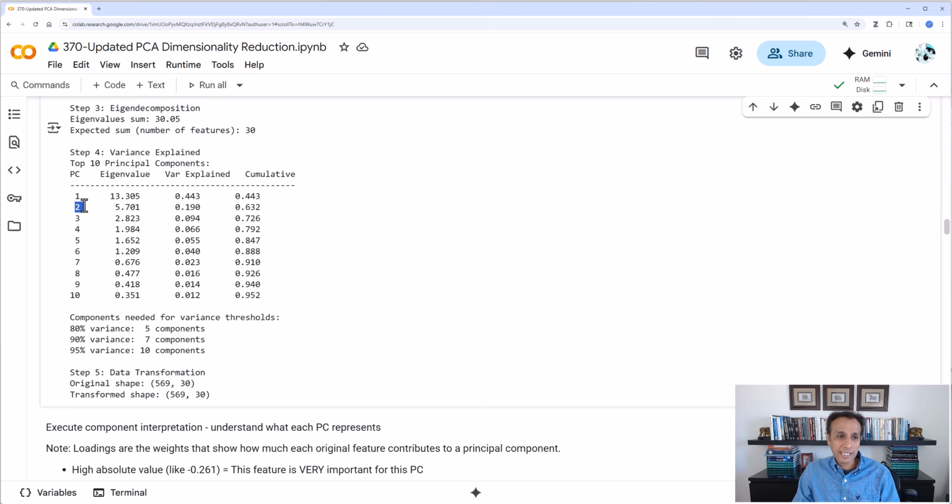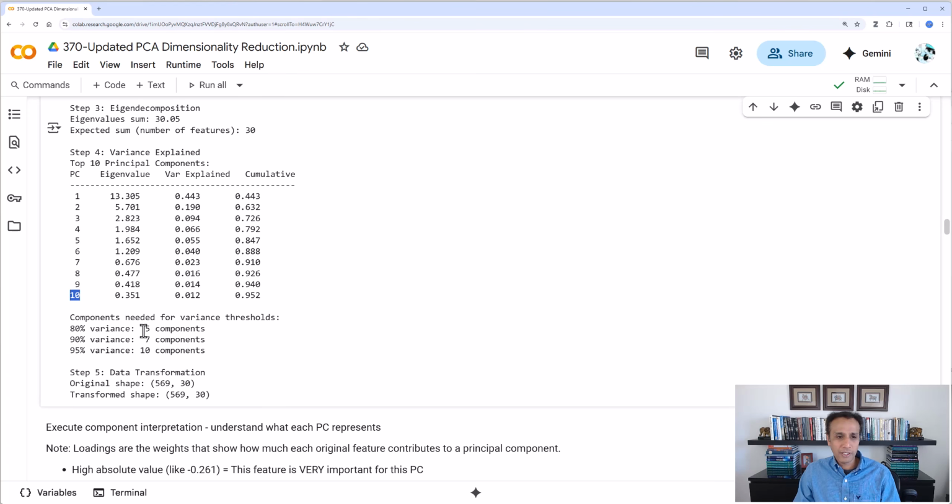Now, if you include the second principal component, you get 63%. Third, you get 72%. So if you need 80%, you need either 4 or 5 principal components. Once you cross 10 principal components, the incremental gain of information is not much. So typically 6 or 7 is okay.